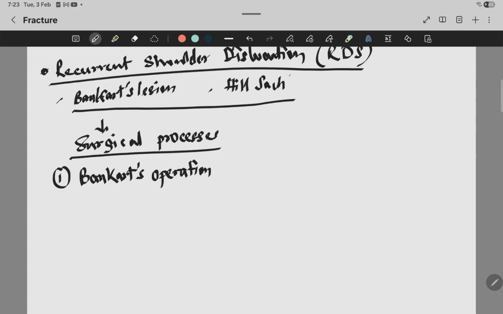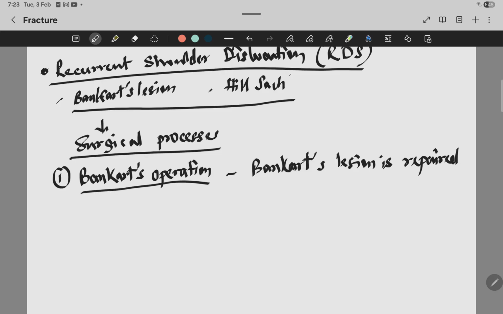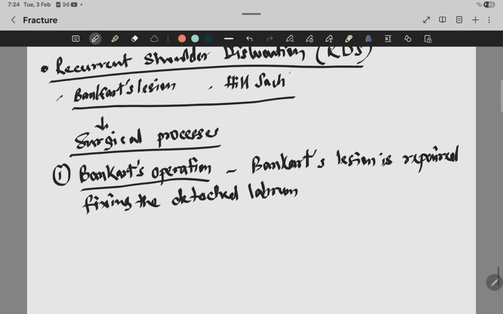Here the Bankart lesion is repaired, fixing the detached labrum. Number two is the Putti-Platt operation.